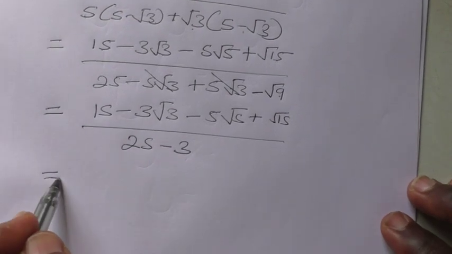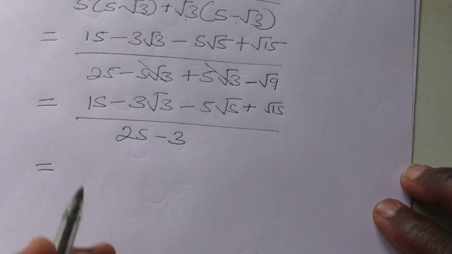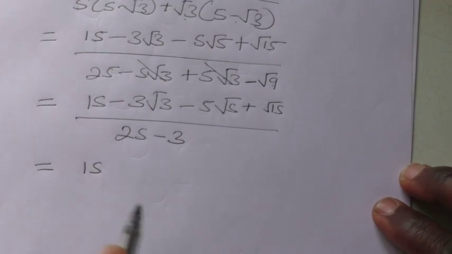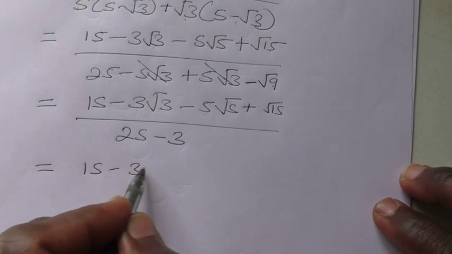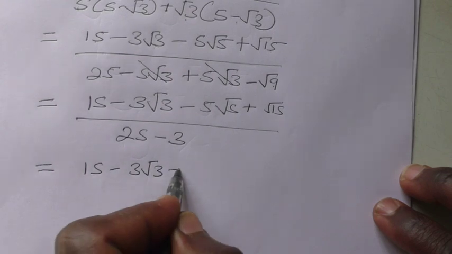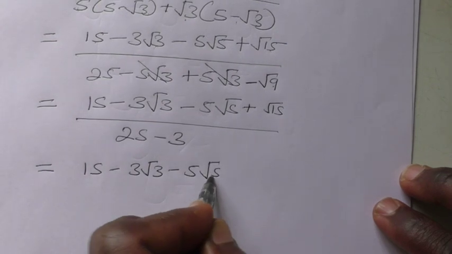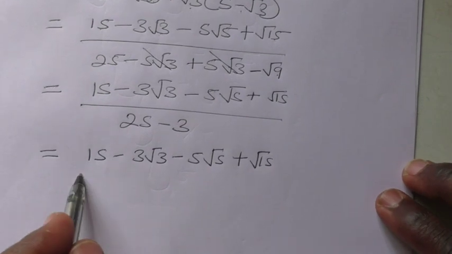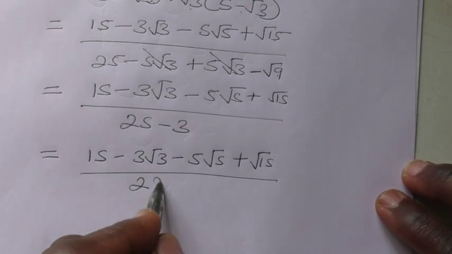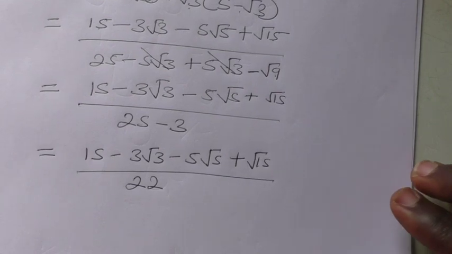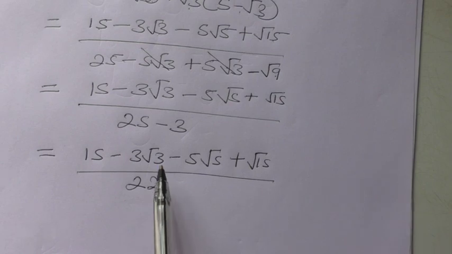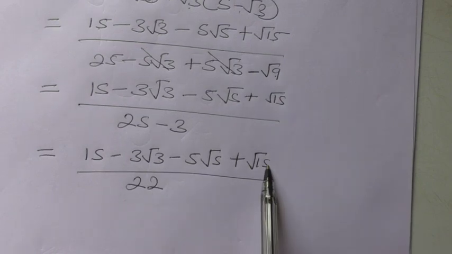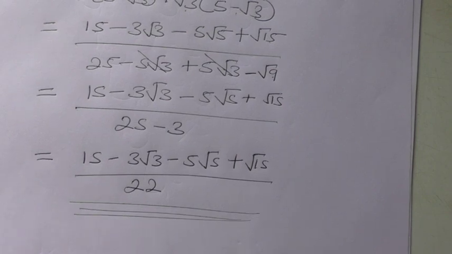So that gives us our final answer as 15 minus 3 root 3 minus 5 root 5 plus root 15 over 22. So that is where we shall stop. We cannot go any further since we can't simplify these ones. So that will be our final answer.